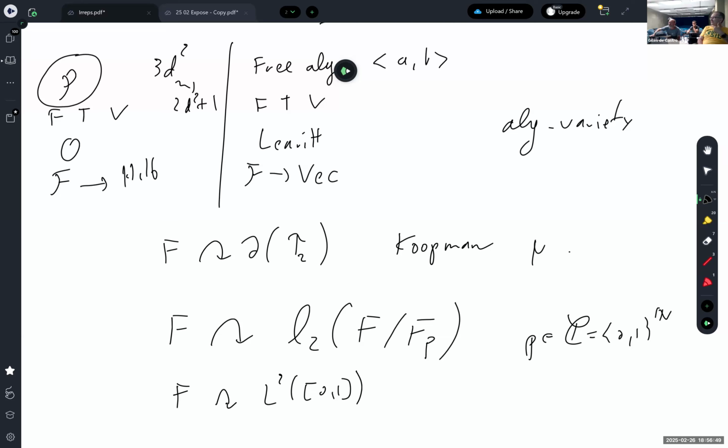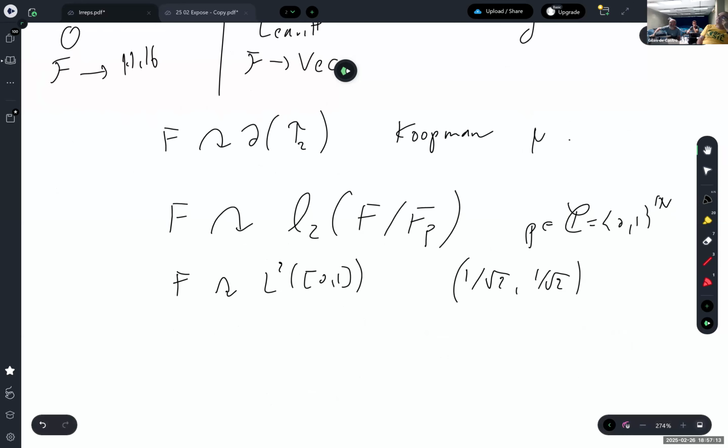There is a question. What was the question? About the Koopman. Oh, but the Koopman is, well, the one you will get from just choosing these two elements for the representation of P. What was the question? Sorry. Oh, of Jacopo?